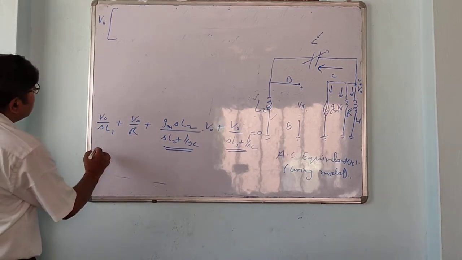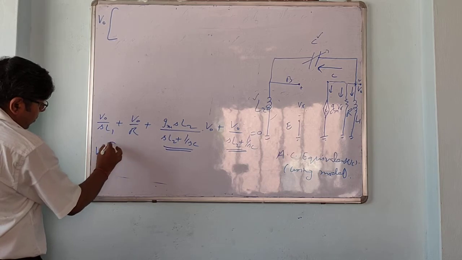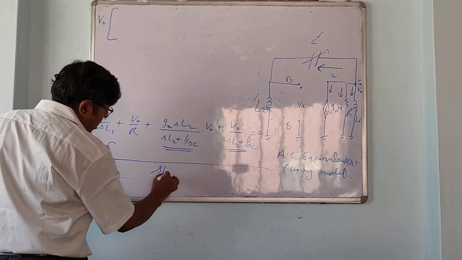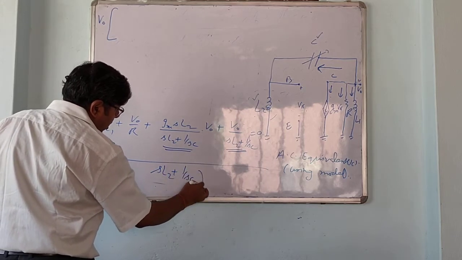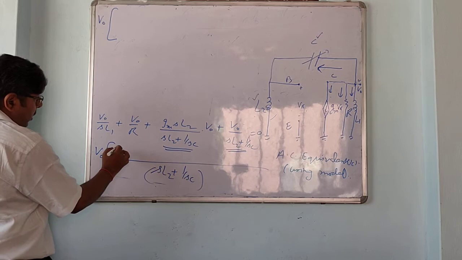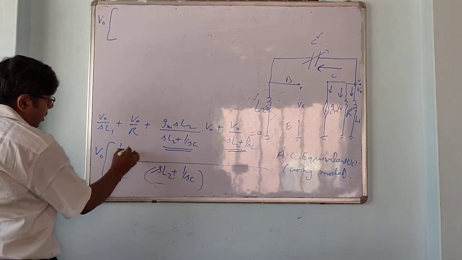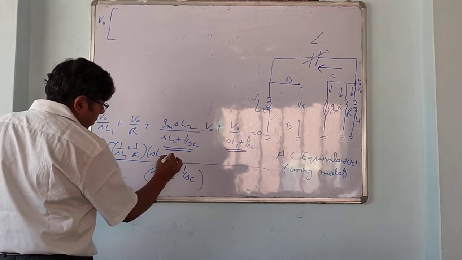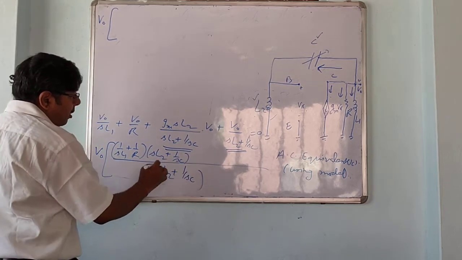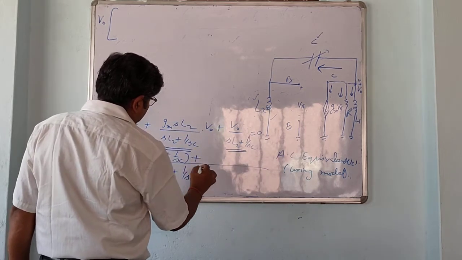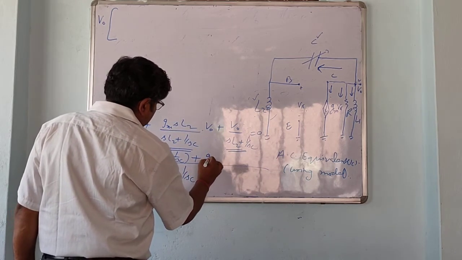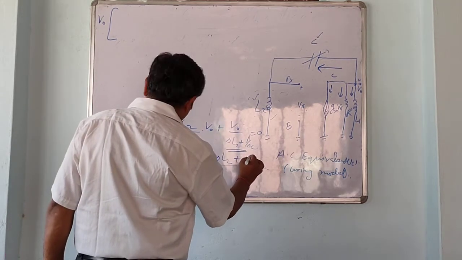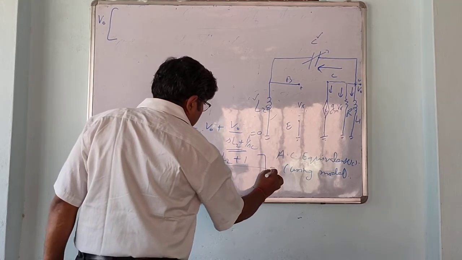So the LCM for all terms is SL2 plus 1 upon SC. Here you can write 1 upon SL1 plus 1 upon R into SL2 plus 1 upon SC, plus gm SL2, plus 1, equals 0.